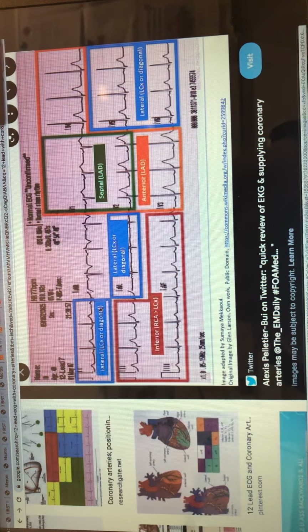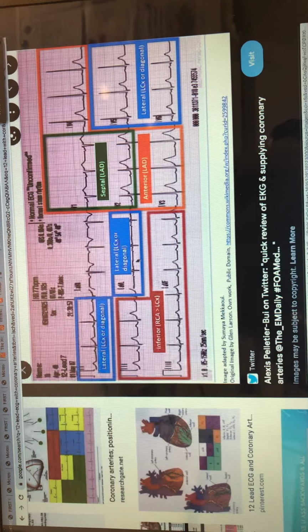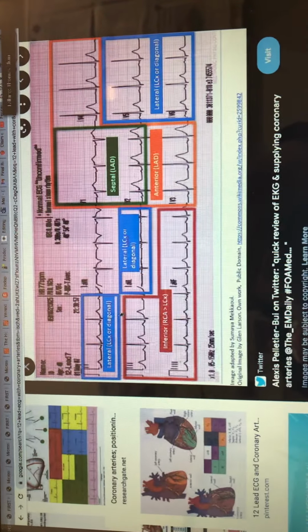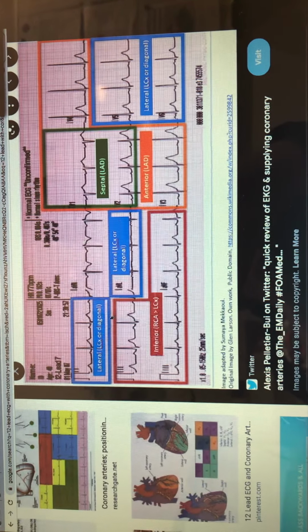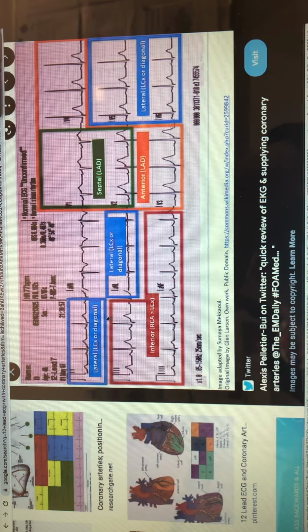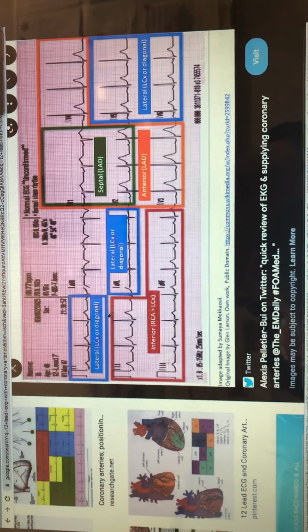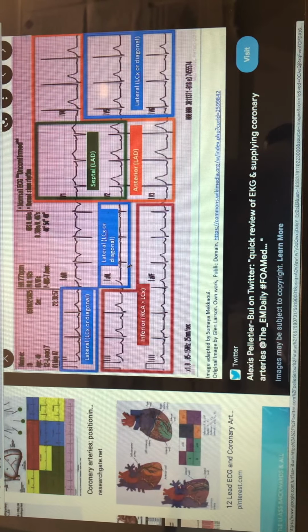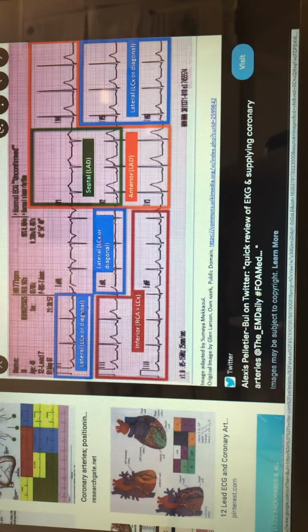The reason they're contiguous leads is that they're looking at the high lateral portion of your myocardium, which is primarily perfused by your left circumflex artery, the bifurcation off of the left main coronary artery from your left anterior descending to your left circumflex. They're contiguous leads because they're both looking at that high lateral wall perfused by your left circumflex artery.